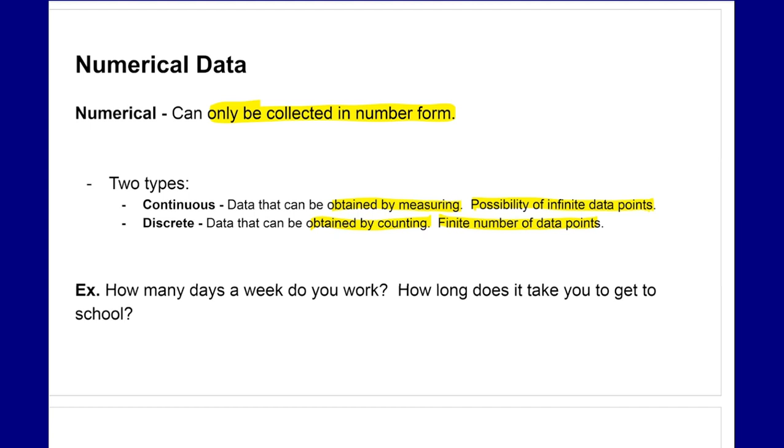The other one, how long does it take you to get to school? That's measuring; we're looking at time. There's an infinite possible number of times we could have, depending on how accurate we are. Are we going down to the millisecond, the nanosecond? If we could, that gives us the possibility for infinite data points.